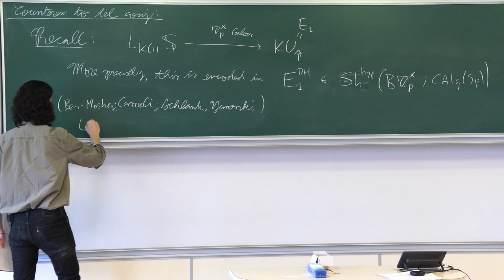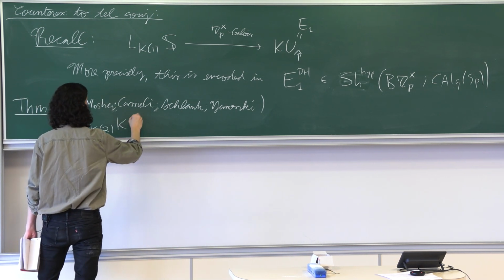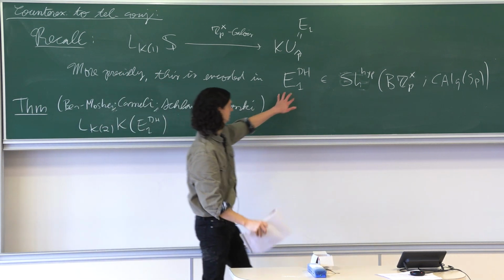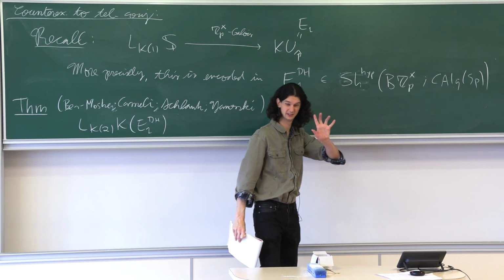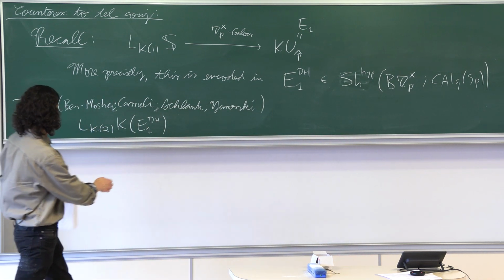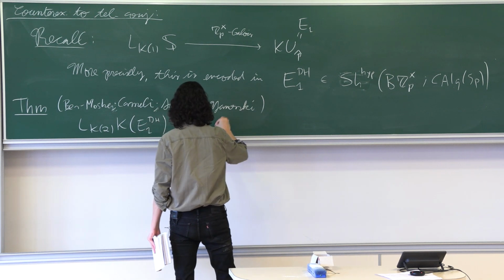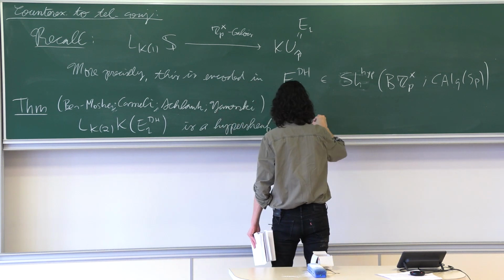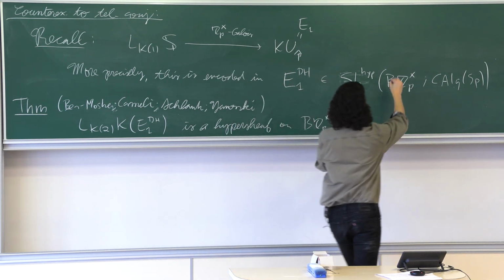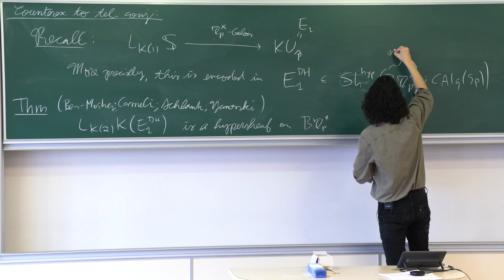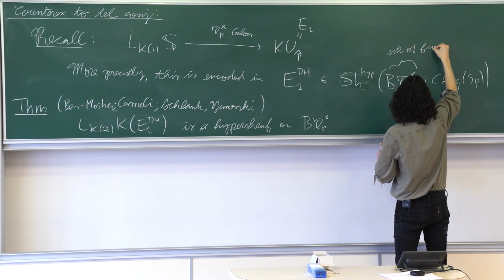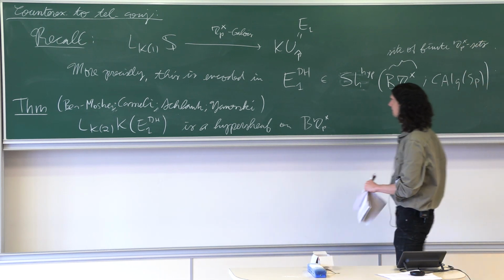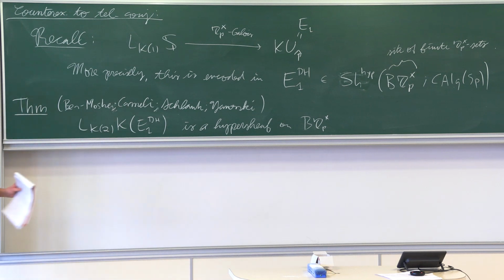So if you take the K2-local K-theory along this tower, or you apply K2-local K-theory to this object viewed as a presheaf, this is a hypersheaf on this site. In this case, this is the notation for the site of finite Z_p cross sets, sort of encoding the finite subextensions of this infinite Galois tower.